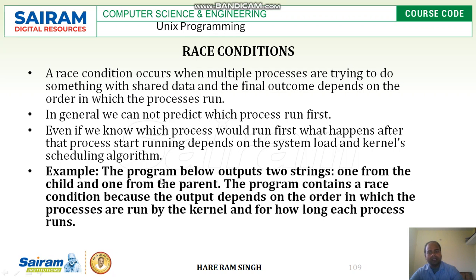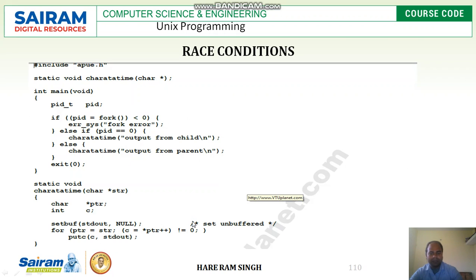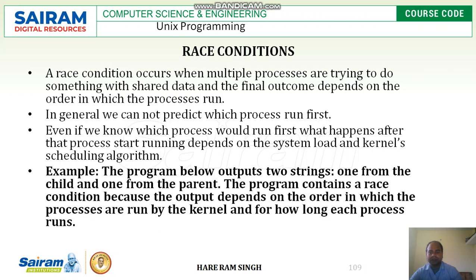So let us study this with one example. The program below outputs two strings, one from the child and one from the parent. One output is coming from the parent process, another from the child process.